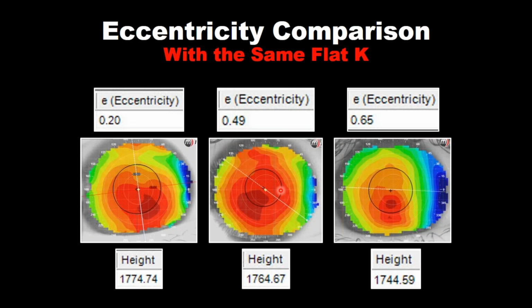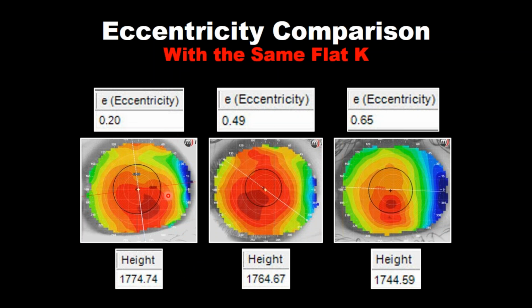All three of these eyes have the same central radii of curvature. They have the same flat K, but each one of them has a different rate of flattening, 0.2 all the way up to 0.65. So the highest rate of flattening is your largest number, the 0.65. Now let's compare the heights between these eyes.